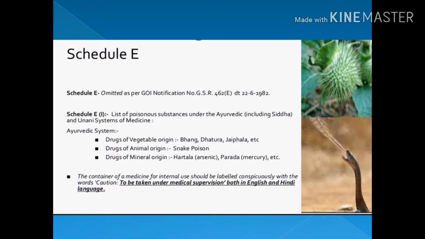Schedule E is omitted as per the rules, but Schedule E1 is included, which consists of the list of poisonous substances under the Ayurvedic, Siddha and Unani systems of medicine. These include drugs of vegetable origin like bhang, datura, jaifal, etc., drugs of animal origin like snake poisons, and drugs of mineral origin like hartala or parada, that is mercury, etc. The container of medicines for internal use should be labeled conspicuously with the words caution, to be taken under medical supervision, both in English and Hindi.